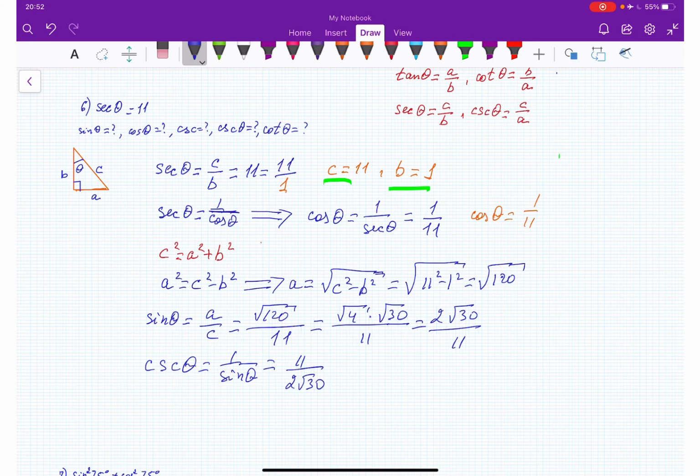All right. So if I flip, because I have to divide, well, I already have 2 square root 30. So let me rationalize, times square root 30 here and square root 30 here.